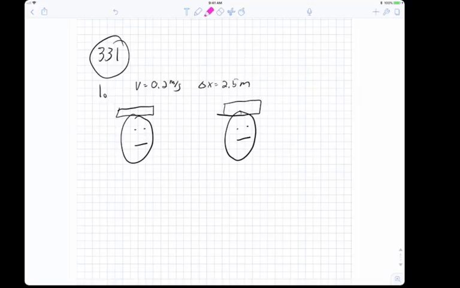Okay, so delta x is a vector. We're going to calculate work, and that means figuring out how the displacement compares to the force. Which force are we talking about? It says you're moving with constant velocity.